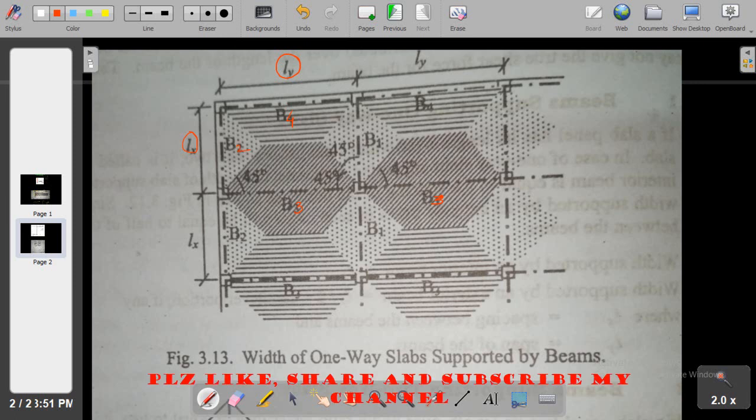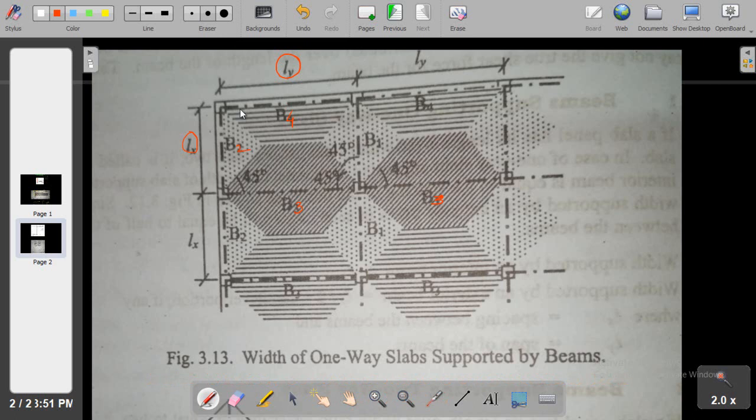So let's say we are considering the B1 beam. You can see in the case of a two-way slab system, the tributary area or the slab loading is distributed into both directions, while in a one-way slab system, the load is only distributed in one direction.